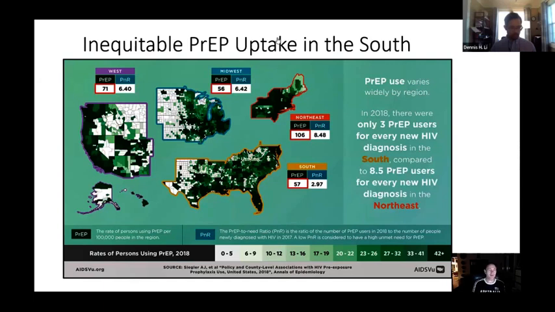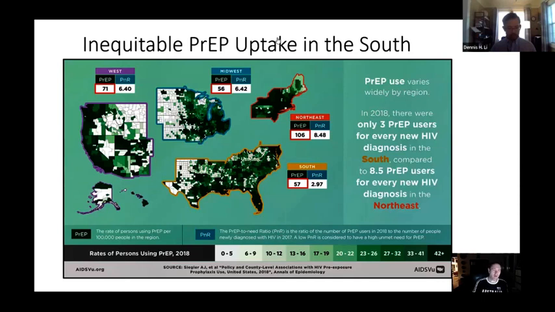The most straightforward way is maybe just thinking about the number of PrEP users per 100,000 population. If you use that metric, which is outlined here in red, you might say that the Midwest and the South seem like they're doing about the same in terms of PrEP use per population. The West is doing better than that at 71 per 100,000, and the Northeast at 106.